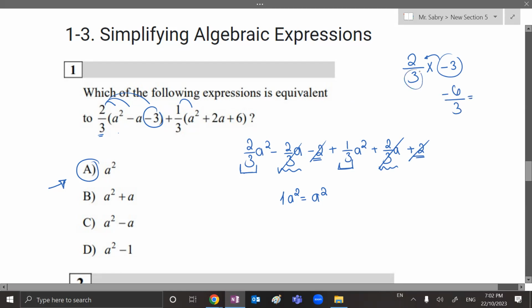This 3 remains down, but the negative 3 is multiplied by the 2, which becomes negative 6. Then negative 6 divided by 3, that's negative 2. This works on any question whatsoever. But generally, whenever we have a fraction multiplied by a number, if this number is the same as the denominator, they'll cross each other and there'll only remain the negative with the 2. So there'll only remain the negative 2. Does that make sense?